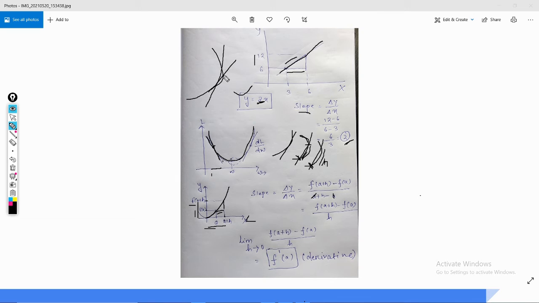This h is reduced again from this point by some distance, and slowly it will come to this particular point. So you can find the tangent at this point. If you minimize h to 0, you will find the tangent at that place. So if you apply the limit h tends to 0, it is nothing but the derivative.